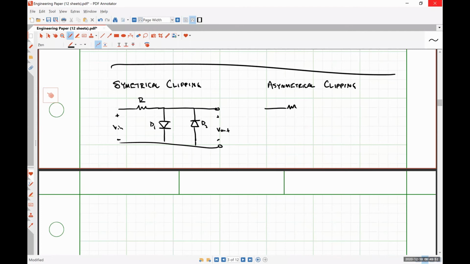Asymmetrical clipping is similar, but you would have, say, one diode and then two diodes on the other side.